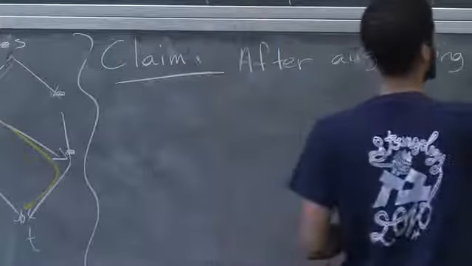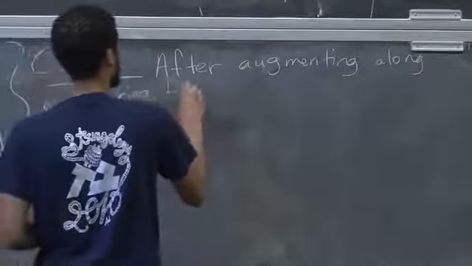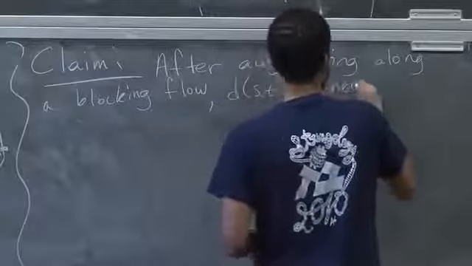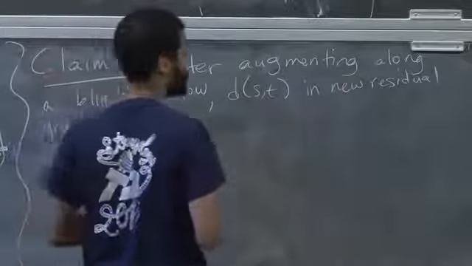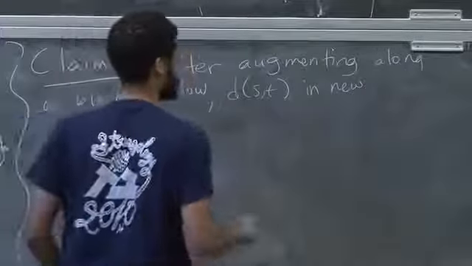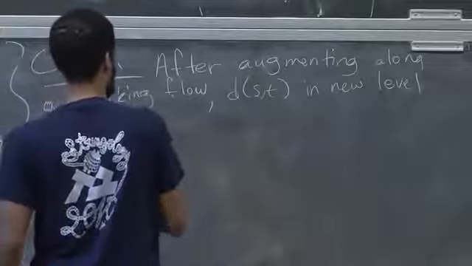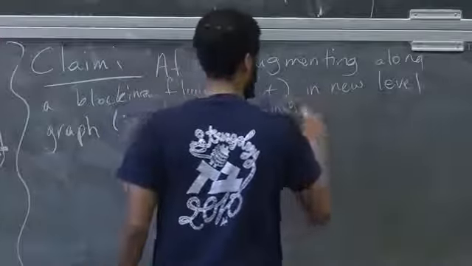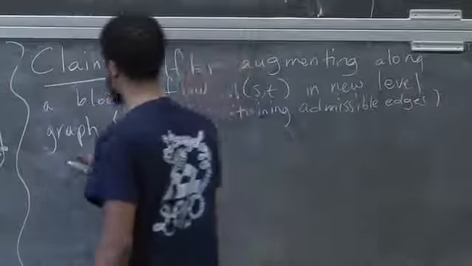Okay, so after augmenting along a blocking flow, the shortest path distance from S to T in the new residual graph, or say in the new level graph, i.e. the graph containing admissible edges, strictly increases.